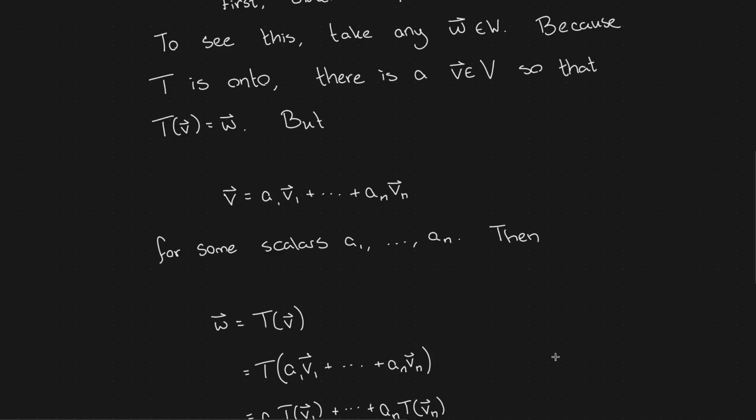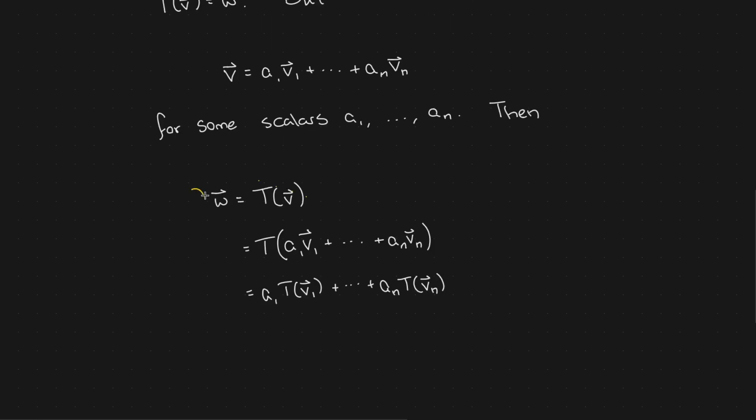Okay, and so what I've shown is that vector w can be expressed as a linear combination of the vectors TV1 all the way to TVn.